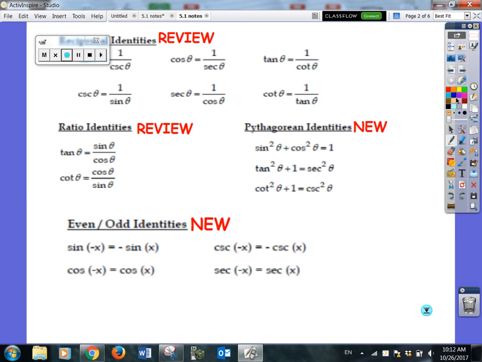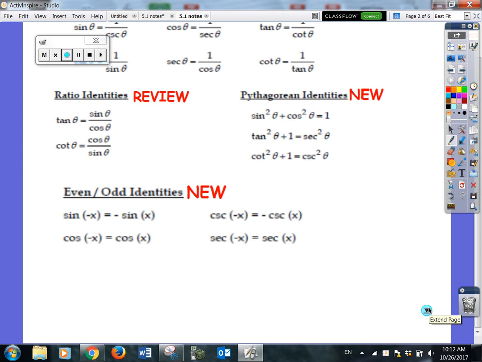Actually, I don't think the tangent and cotangent's missing on your paper. But tangent of negative x is equal to negative tangent of x, and cotangent of negative x. So as far as simplifying goes, you never want a negative inside the parentheses.